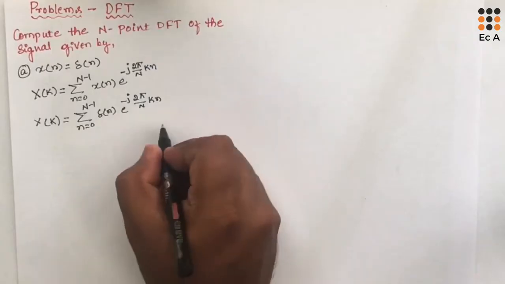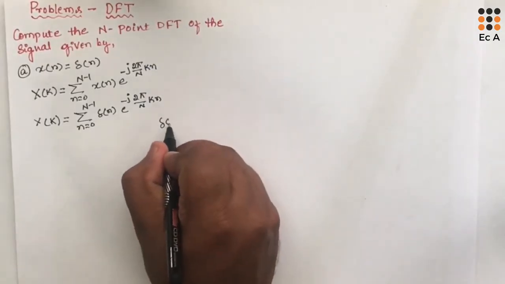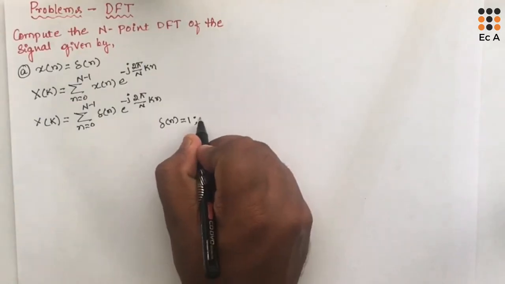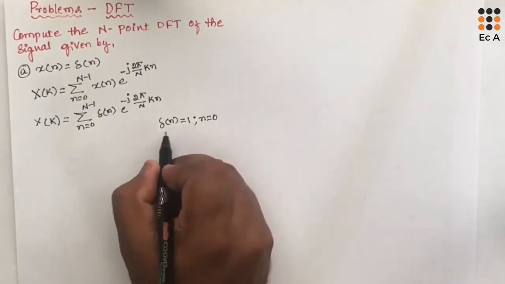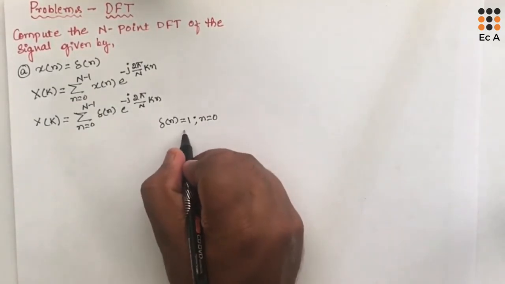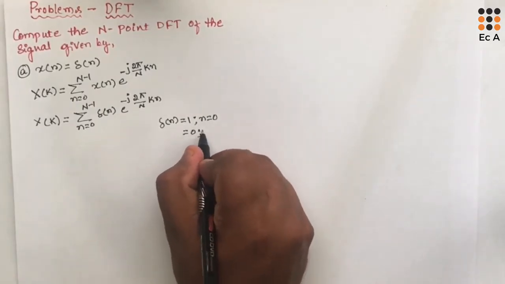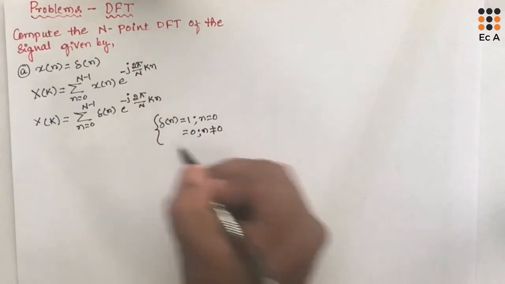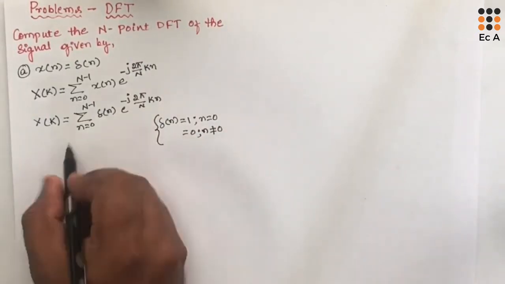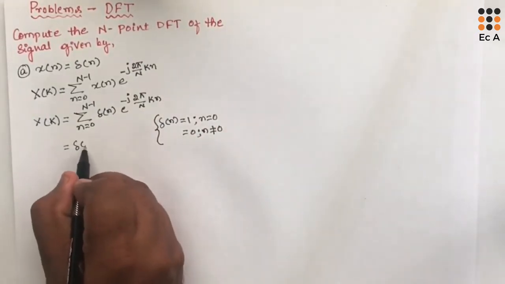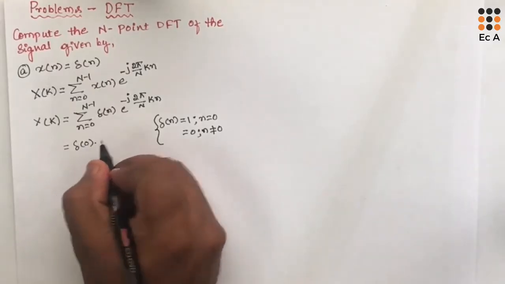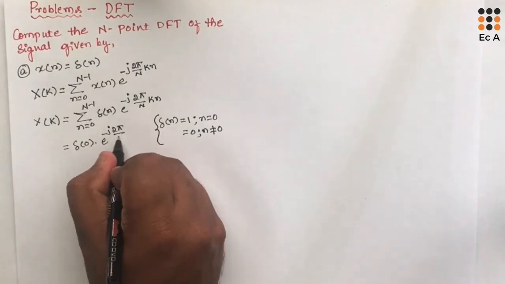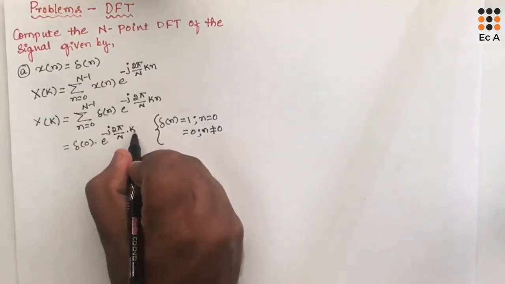We know the delta function that can be written as delta of n will be equal to 1 for n is equal to 0 and delta of n will be equal to 0 for n not equal to 0. Using this analysis, we can write delta of 0 into e to the power of minus j 2 pi by n into k into 0.